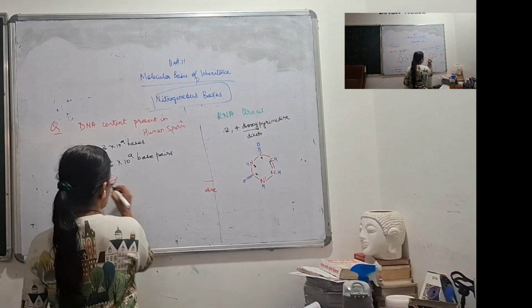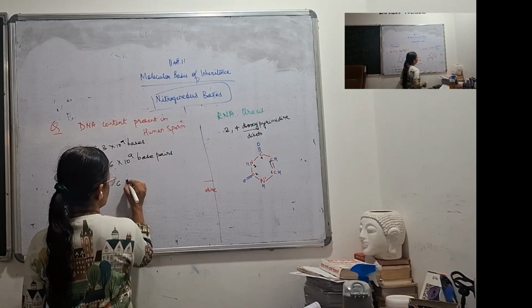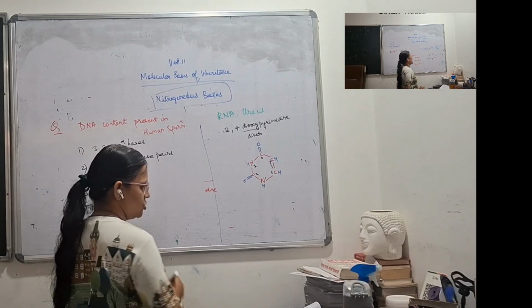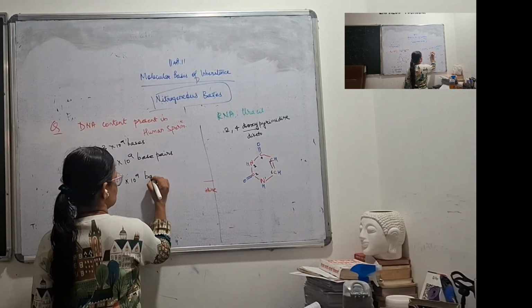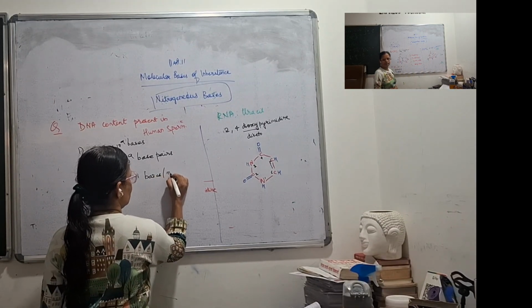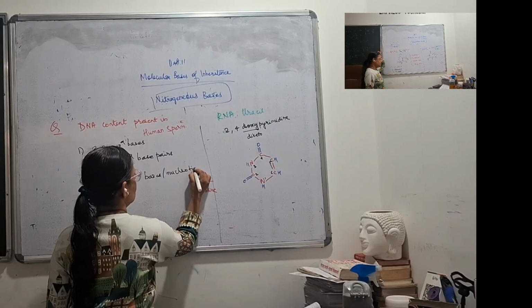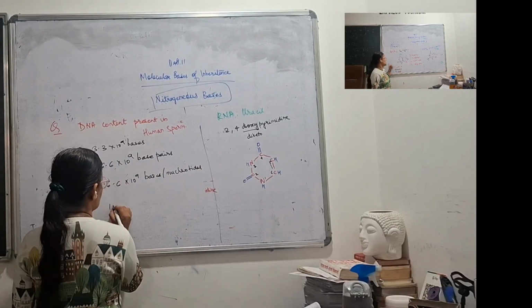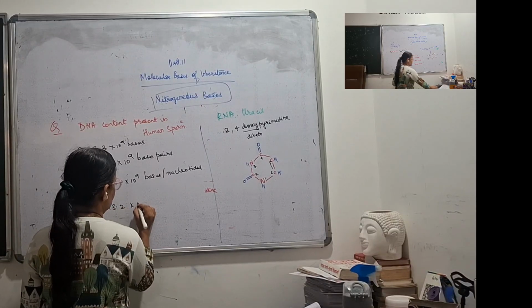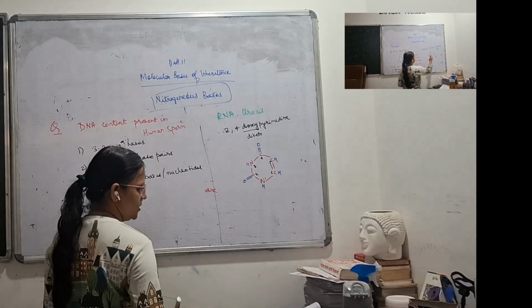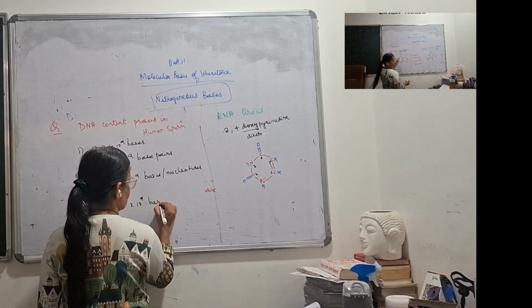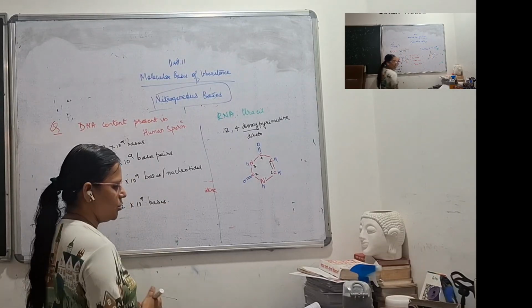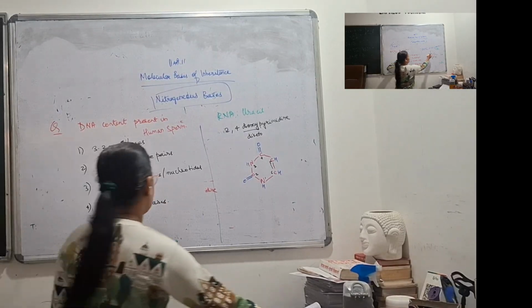Third option is 6.6 into 10 raised to 9 bases, or they can even put the word nucleotides. And the last option is 13.2 into 10 raised to 9 bases. Now what will be the answer? You tell me.